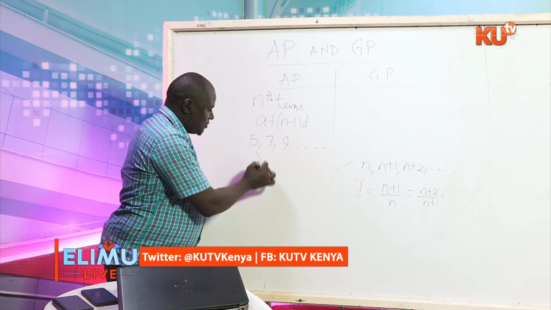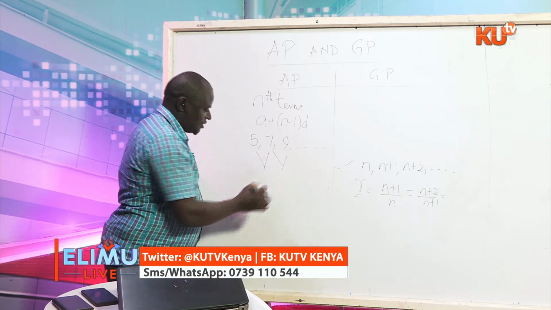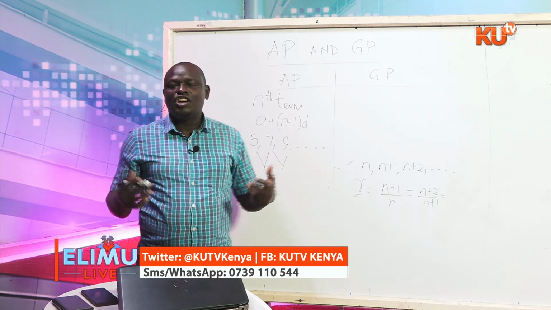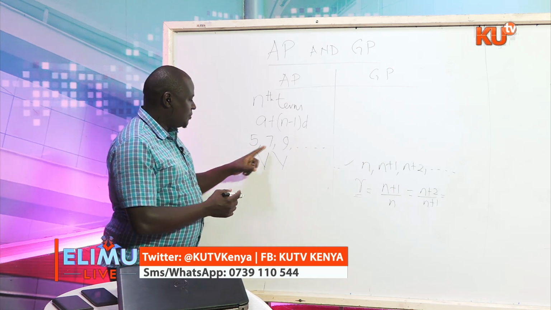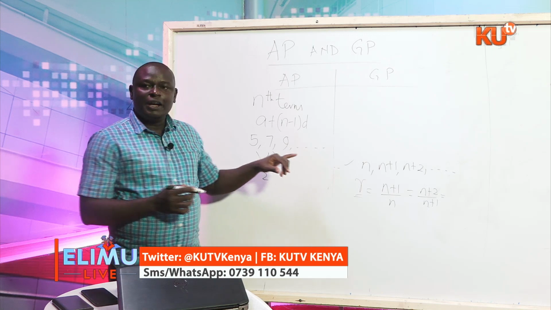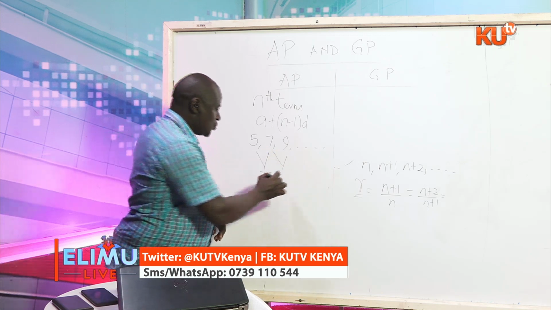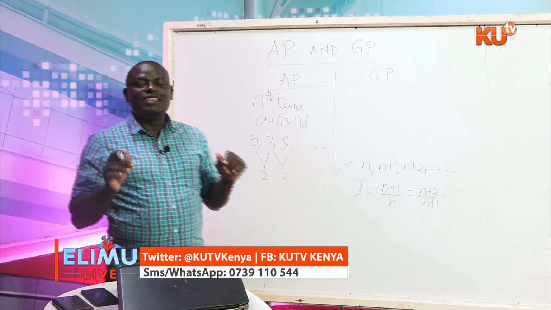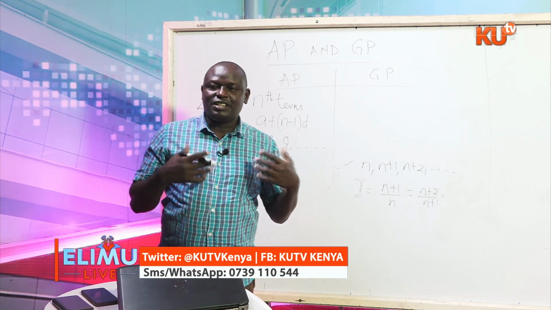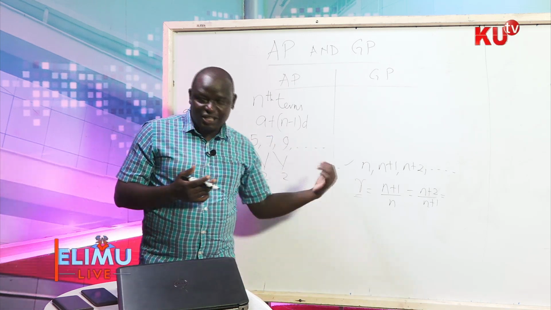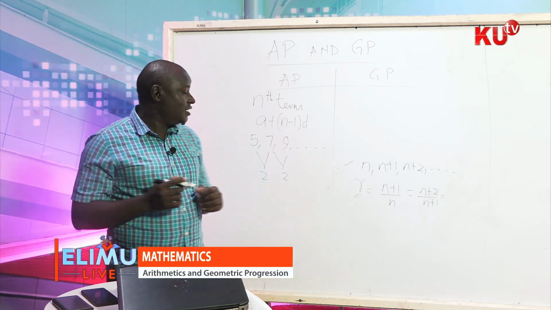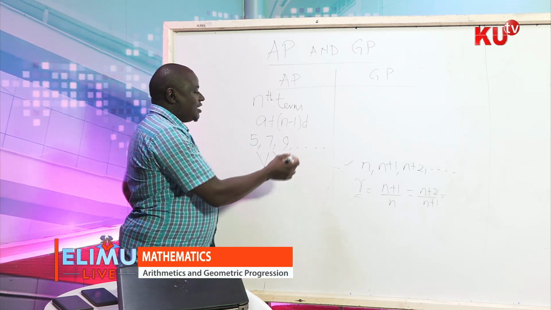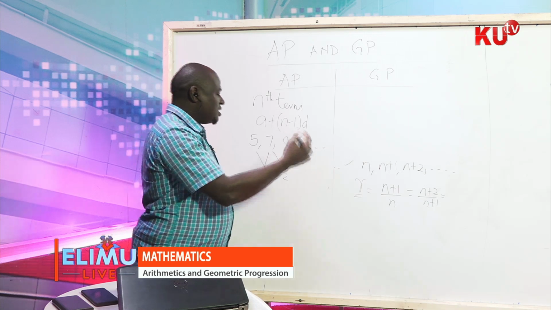As we were doing in primary school, you get the difference and see whether it is common. 7 minus 5 gives you 2. 9 minus 7 gives you 2. It means this is a common difference because it is coming from subtraction. That's why the word difference comes into focus. Now, it means you can continue telling which is the next value.